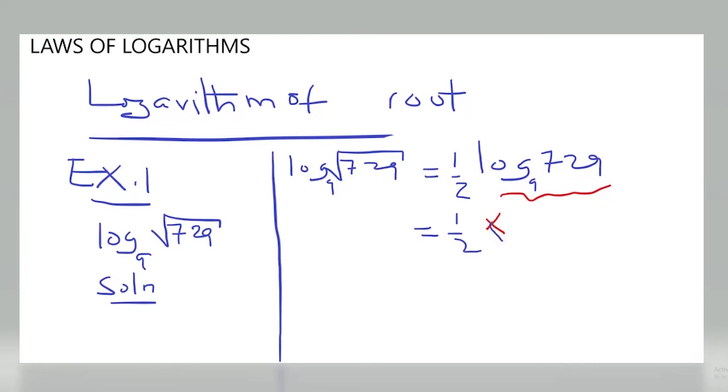When you find the logarithm of 729 to base 9 perfectly, you get that this value is equal to 3. Now a half times 3 gives 3 over 2, which is the answer.